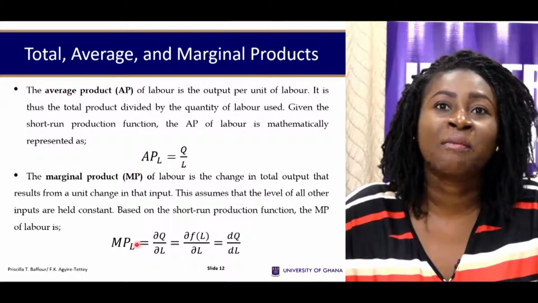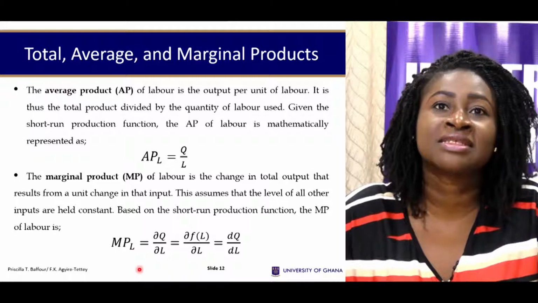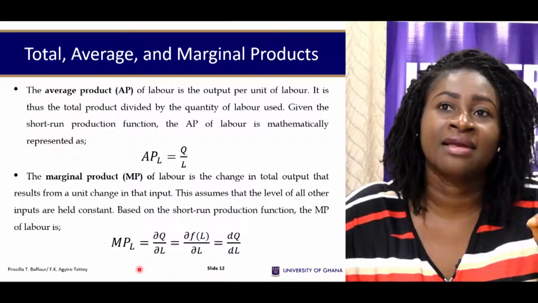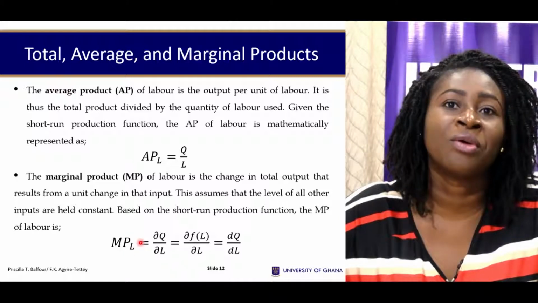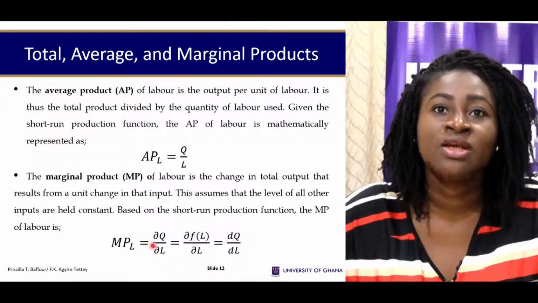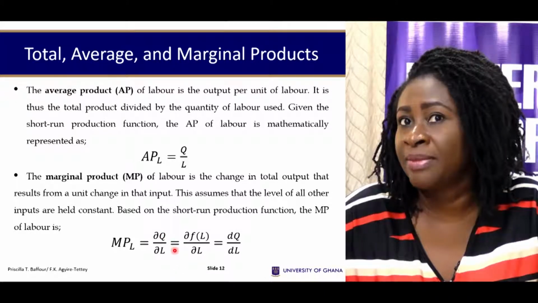Then when we come to the marginal, we want to look at the addition to total product by an additional worker, the last worker that was employed, right? How much does this worker bring on board in terms of production? So that is a change in Q as a result of a change in labor, right?